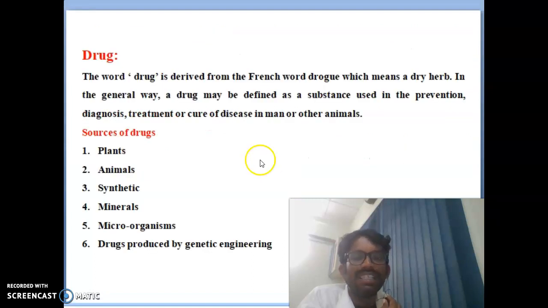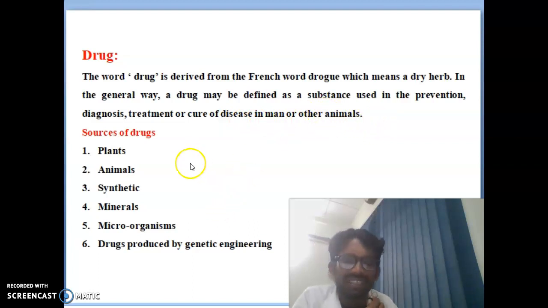Next one, see what is a drug. The word drug is derived from the French word drogue, which means dry herb. In the general way, a drug may be defined as a substance used for the prevention, diagnosis, and treatment or cure of disease in man or other animals. That is called drugs.